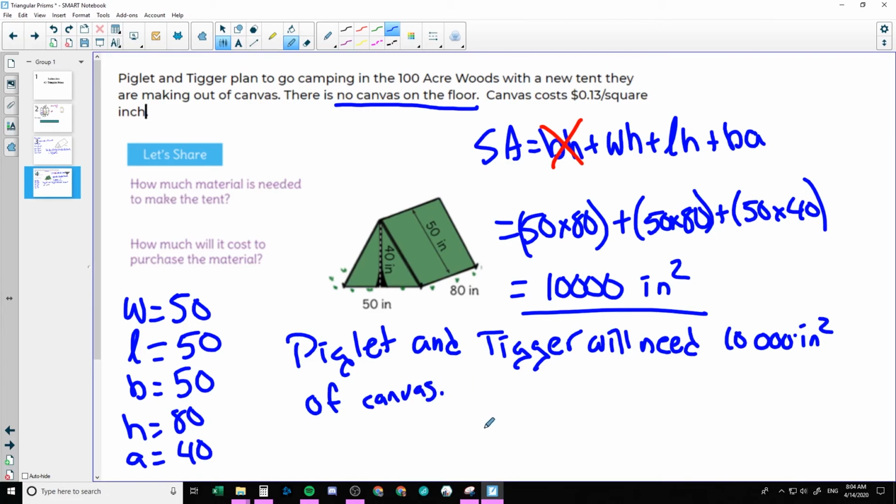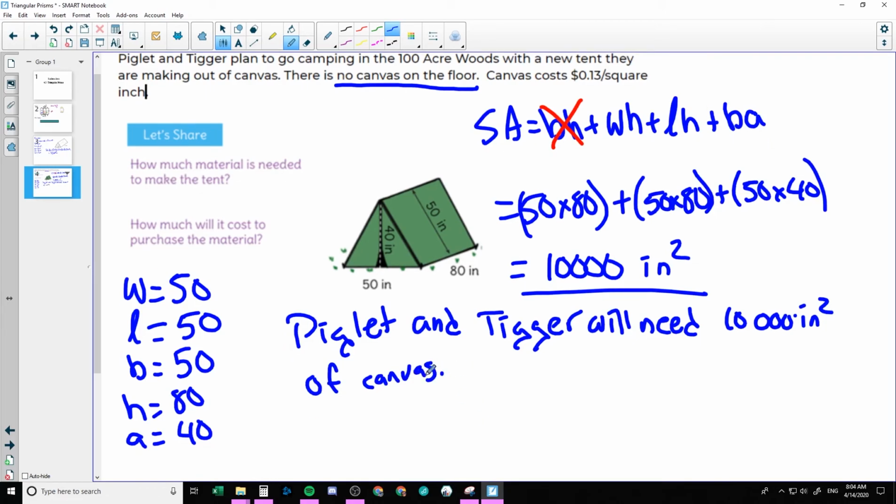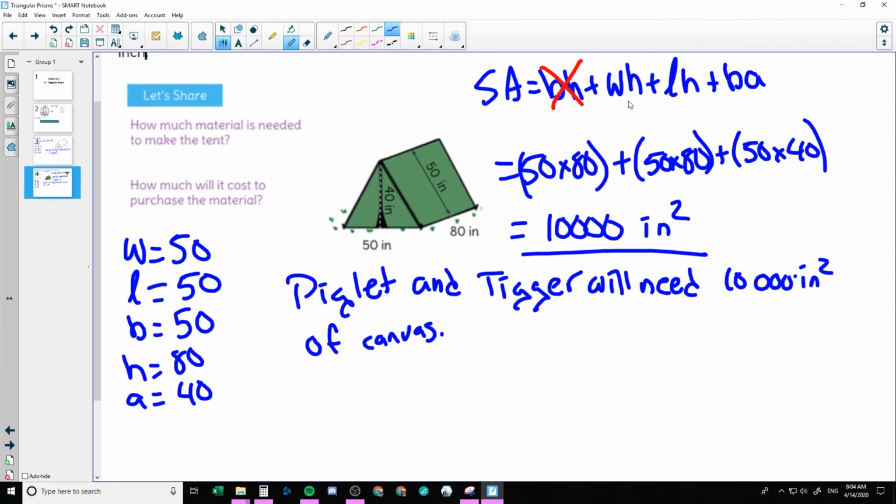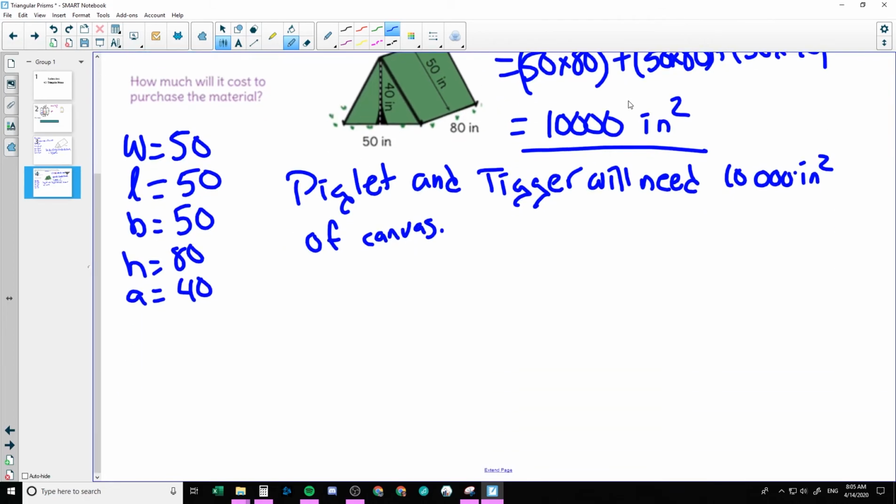Okay, and then the second half of this question asked us, how much is it going to cost to purchase the material? And this tells us that canvas costs 13 cents per square inch. And you can remember from earlier units that all we have to do is take our 10,000 square inches times that 13 cents a square inch.